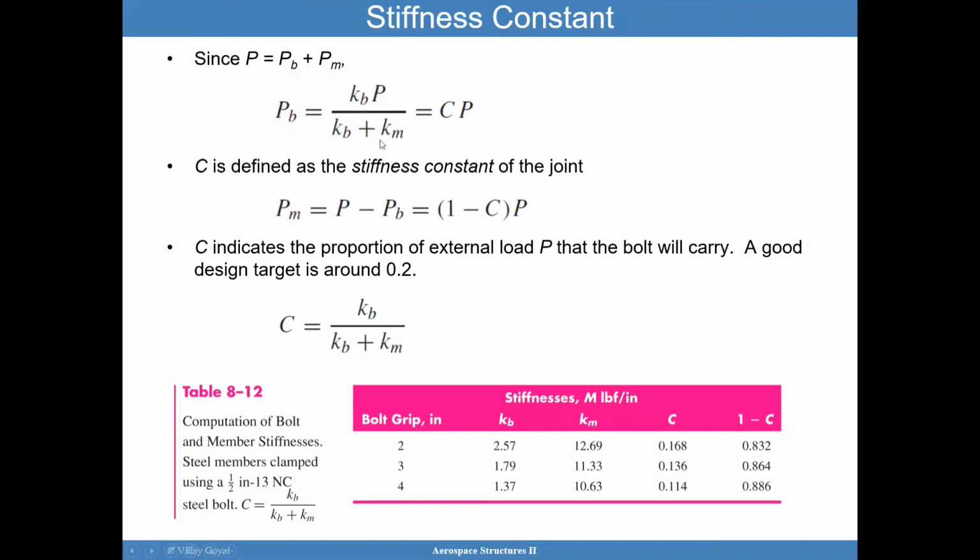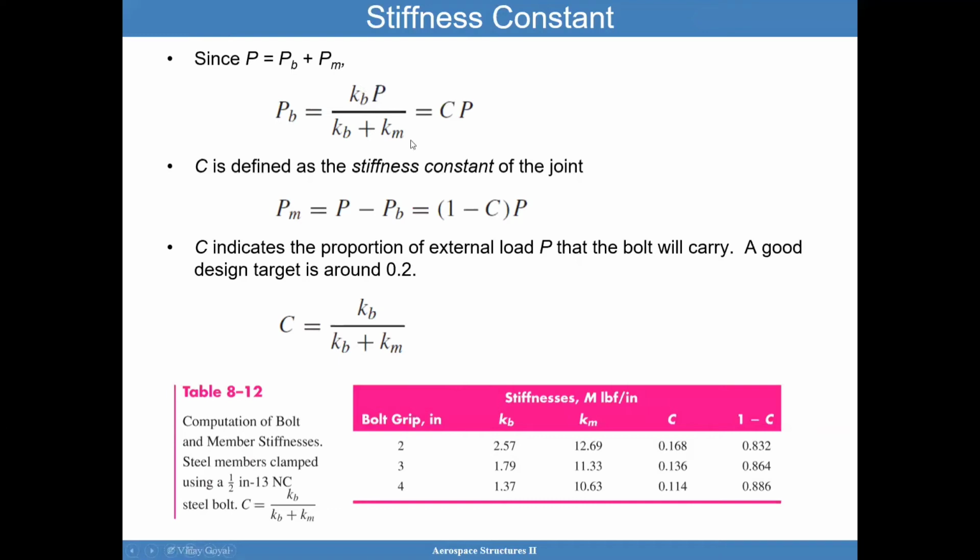And note that I know all these values. These are the bolt stiffness and the member stiffness, which I showed you how to calculate using the frustum approach. P is the load applied to the joint, and Pb becomes the amount that goes into the bolt.